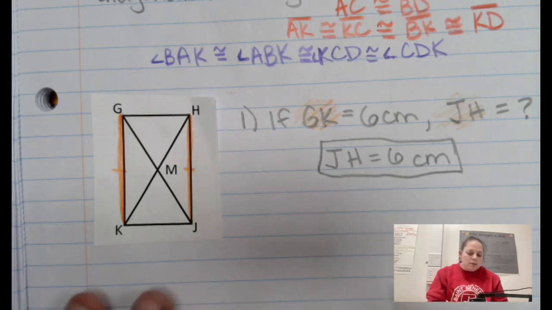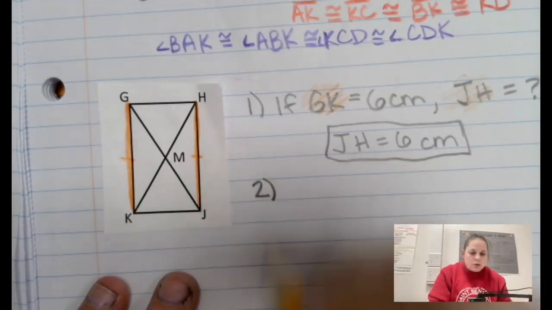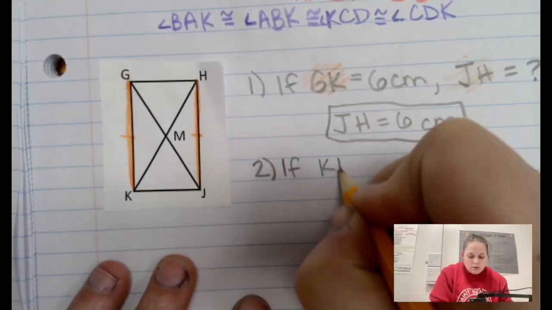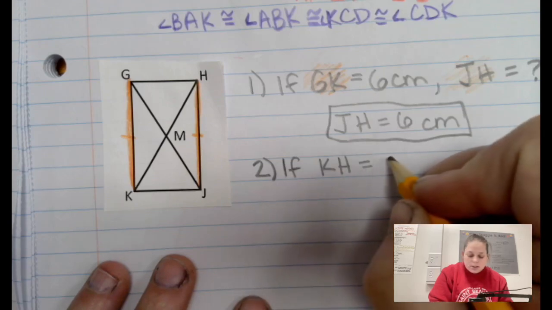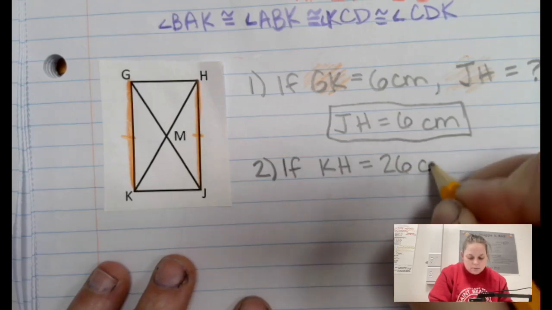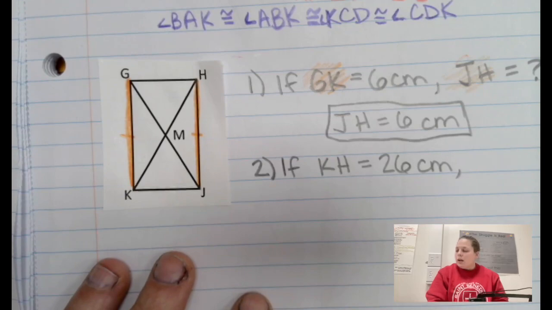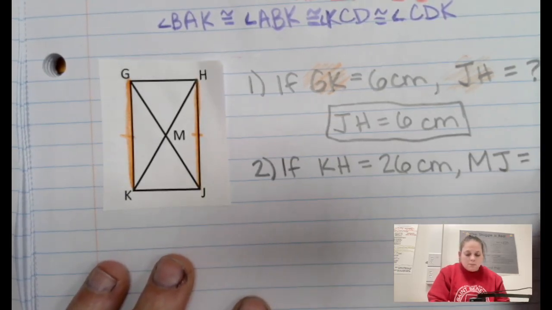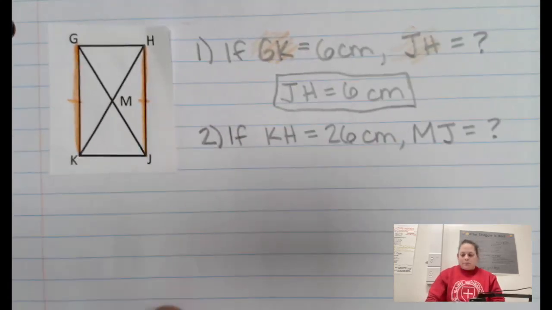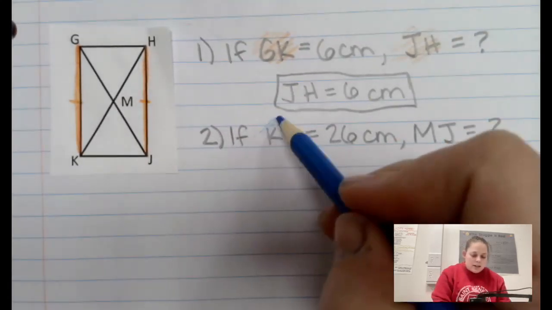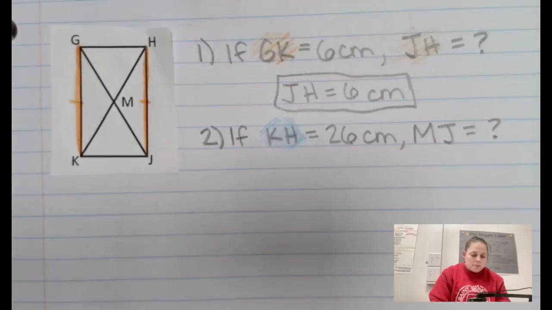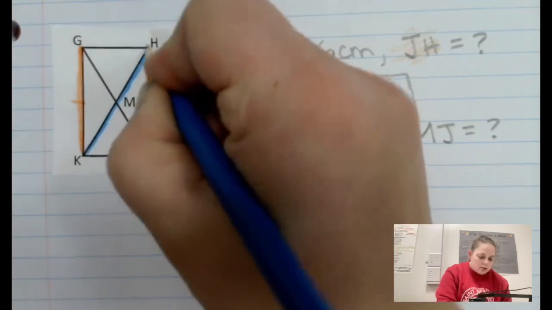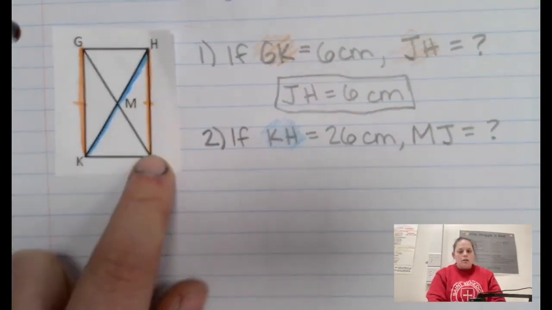Now let's do our medium difficulty, number 2. If KH equals 26 centimeters, how much is MJ? So I'm going to be looking at K to H. So K all the way up to H. I'm looking for this MJ.